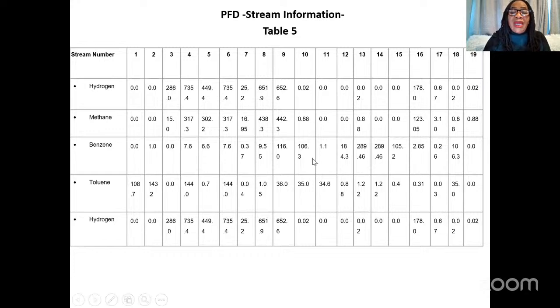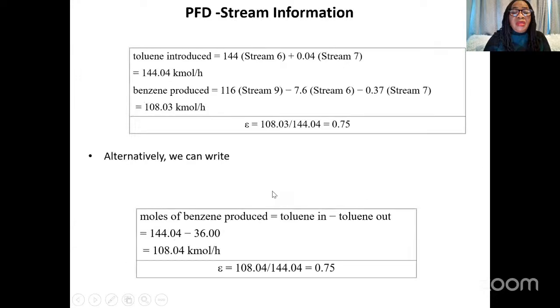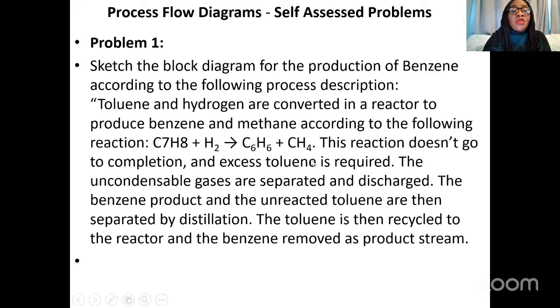So now toluene in minus toluene out gives us 108.04. So you then divide the benzene produced, 108.04, by the input. Whichever alternative method you use, we will still end up with 0.75 conversion.